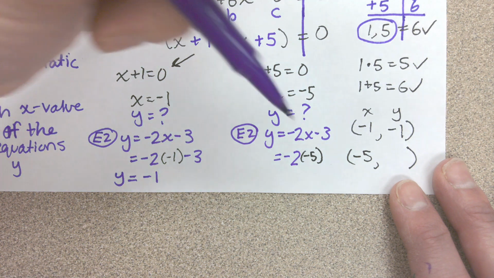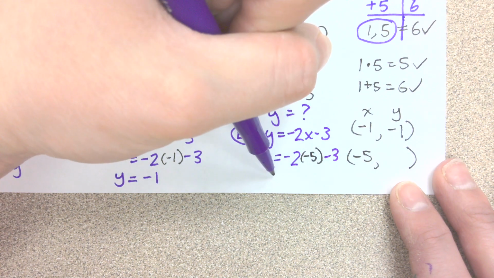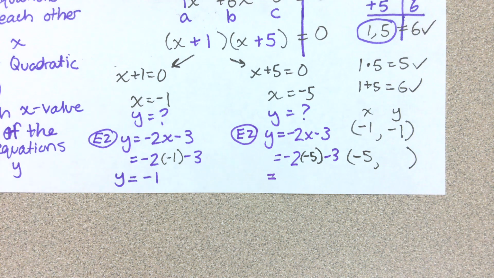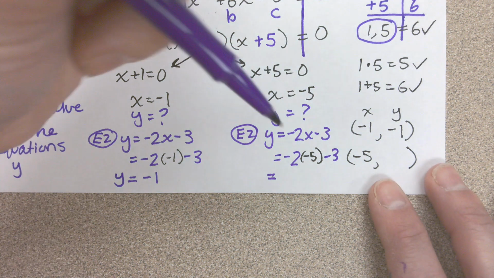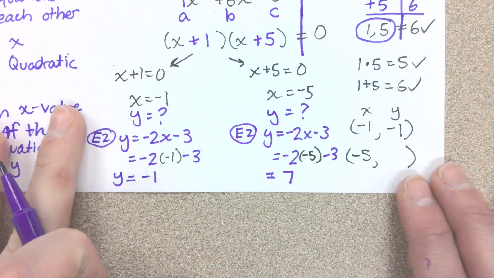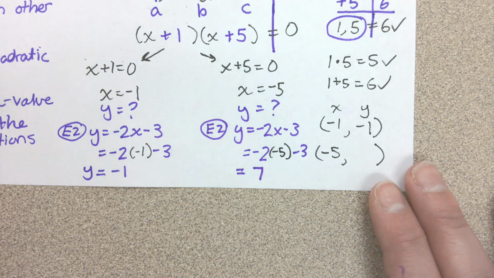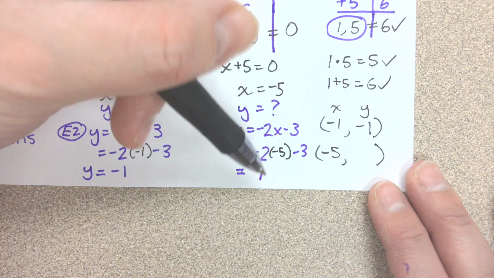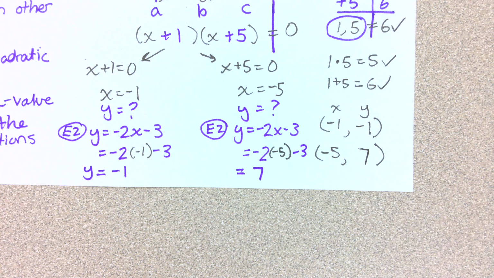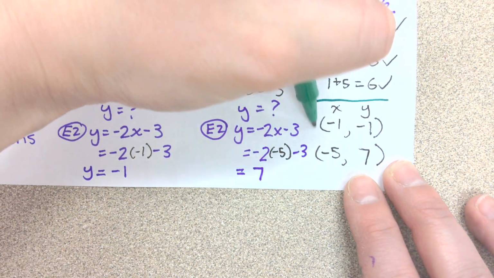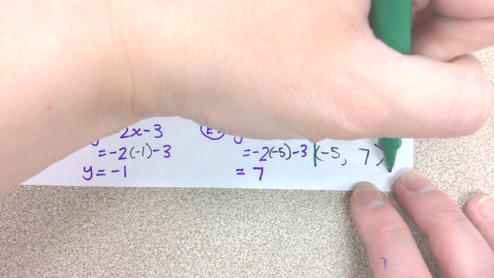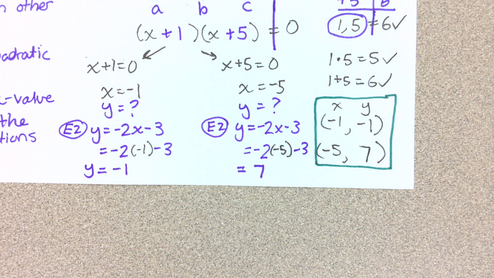So -2 times -5 minus 3, which will give us 7 is correct. Again, you could just type that into a calculator if you wish. So our other point is -5, 7. These are both the answers to this problem.